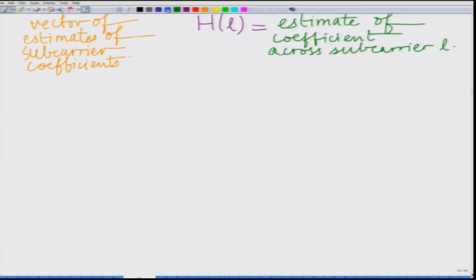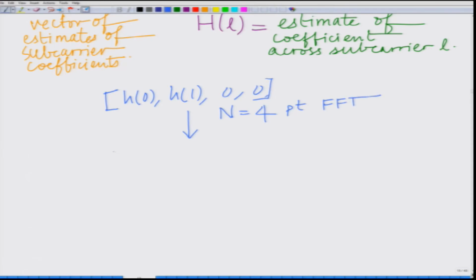From this we can also compute the estimates of the channel taps, remember the small h's, h0 and h1. To do that, remember what we said: h0, h1, 0 padded, and if you take the n equal to 4 point FFT, you generate the coefficients across the subcarriers, isn't it.